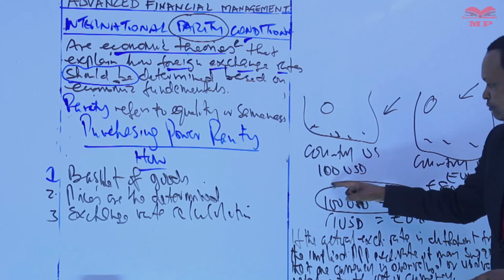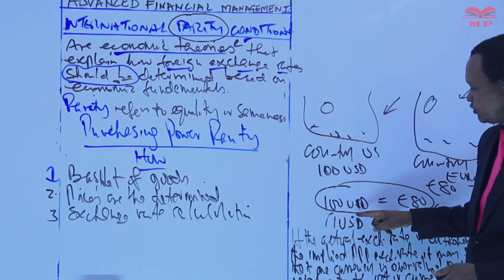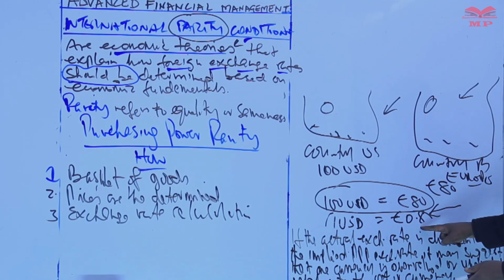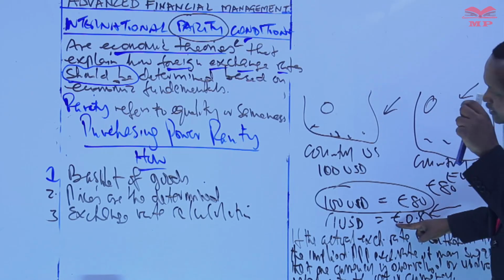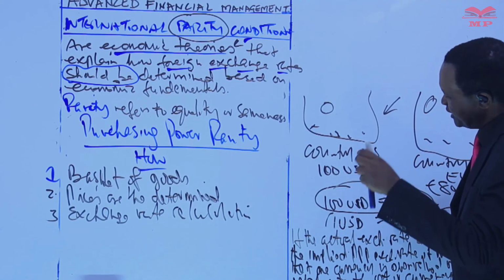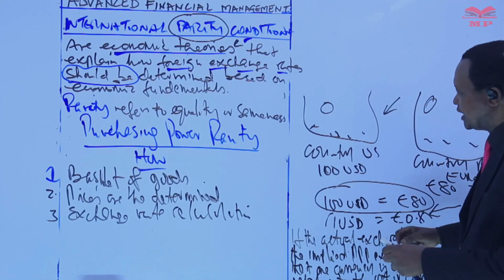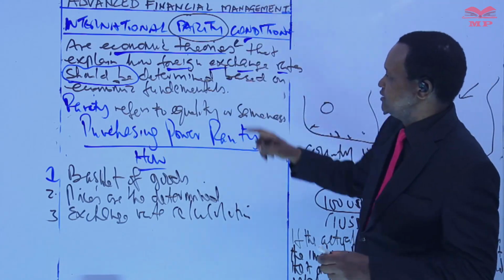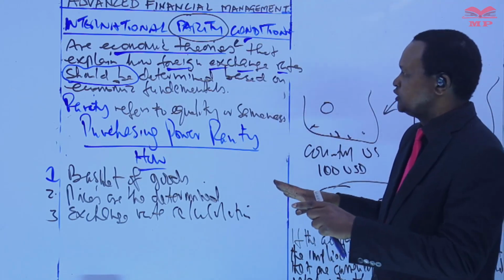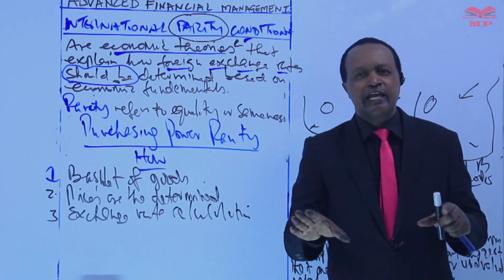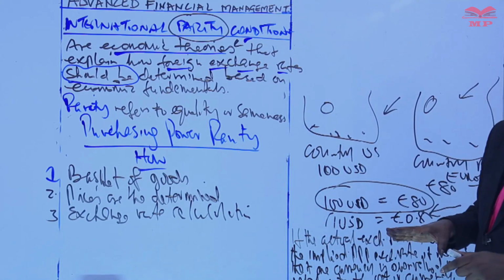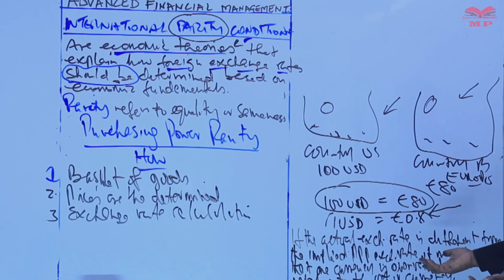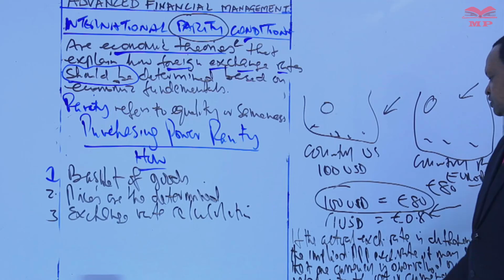So if the exchange rate is not 1 dollar to 0.8 euros, if that's not the case, then this theory states that the actual exchange rate should adjust to be at par. Parity should be at par, a position of equilibrium where the two are the same. Otherwise, one currency is overvalued or undervalued relative to the other.